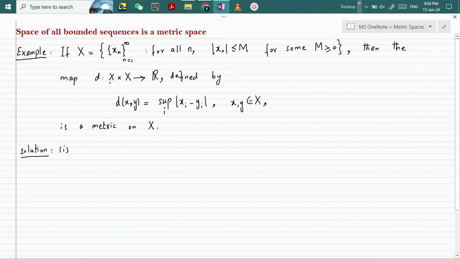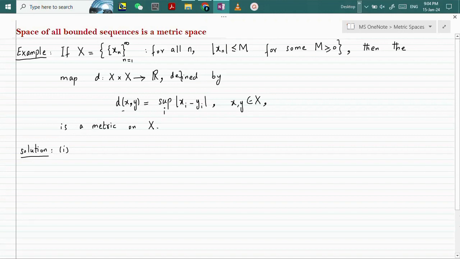Then the map d from X cross X to R, defined by d of (x, y), where x, y belong to the set X, d of (x, y) is equal to the supremum of mod of xi minus yi, where the supremum is taken over i, is a metric on X.